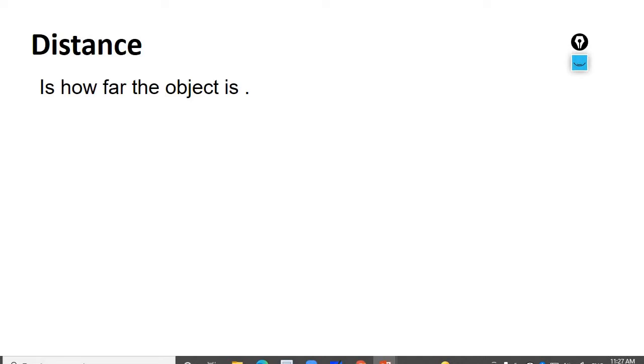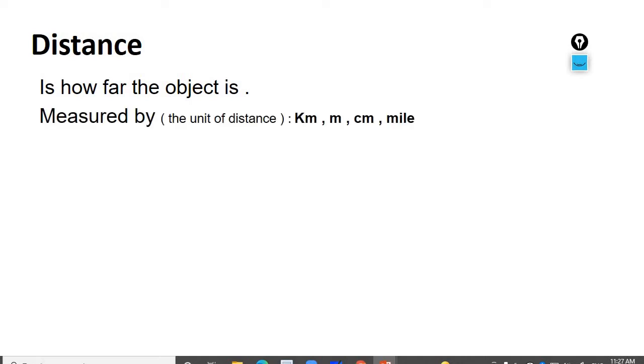Okay, so let's explain and focus more on the distance and time before speaking about the speed. Now distance, at first, is how far the object is. If we know the space between two objects, now we are talking about this space or distance. If you look at this picture here, we have 187 kilometers.